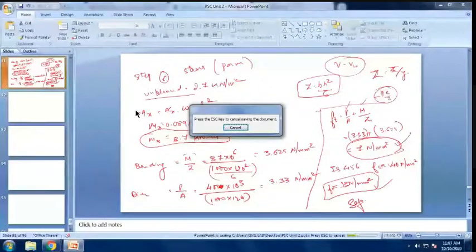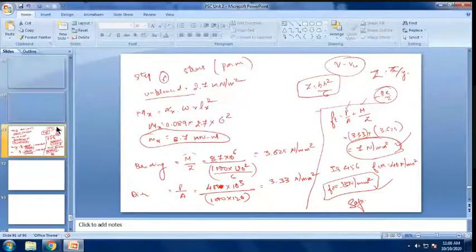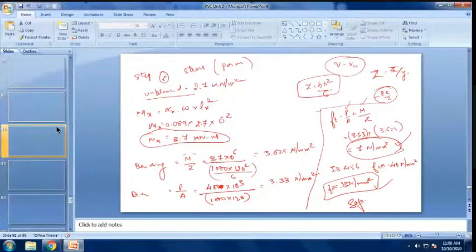So each and every step is very simple. The only thing is that you should remember which step will come, one after the other.